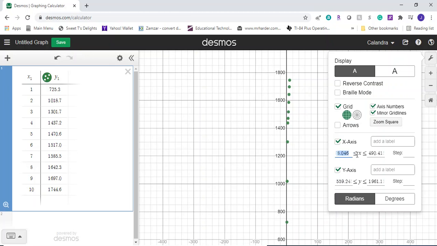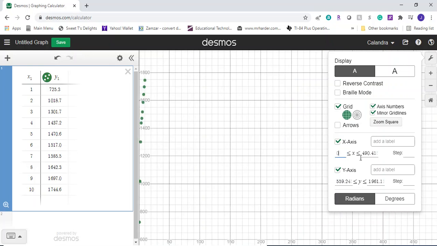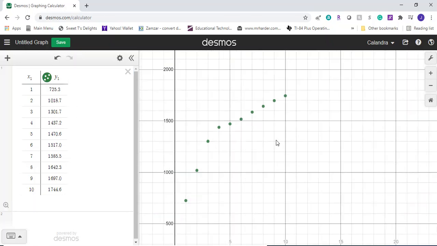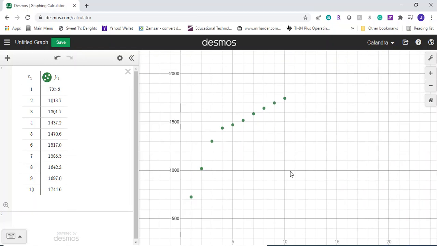So let's change this from 0 to about 20 for the X-axis. So we got 0 to 20 for the X-axis, and then we also have these values for Y. Now our graph looks a little better. Now we can see a good little shape for the graph.